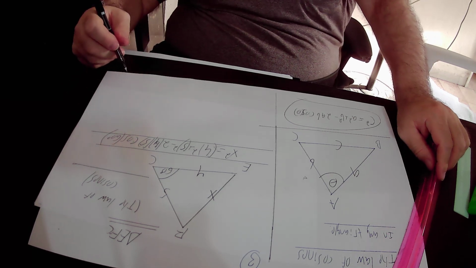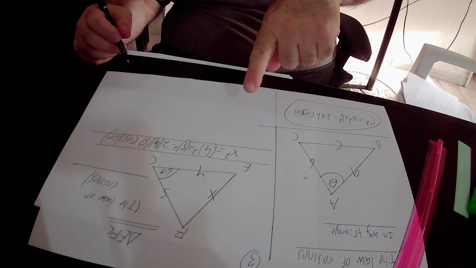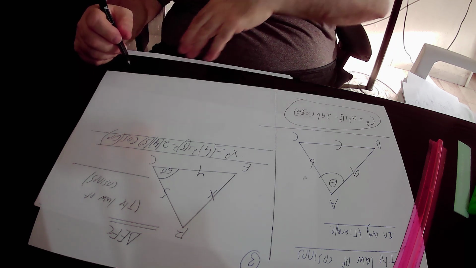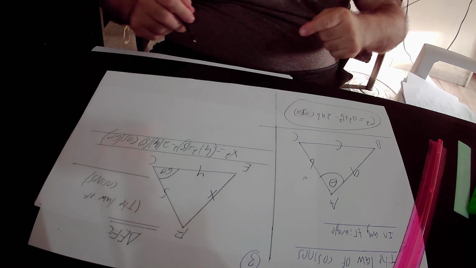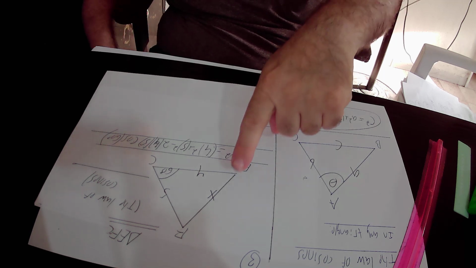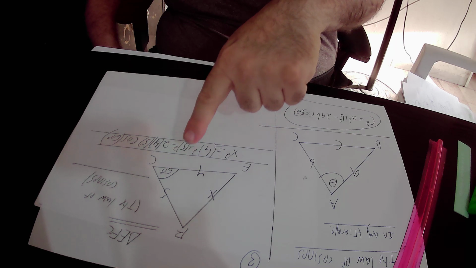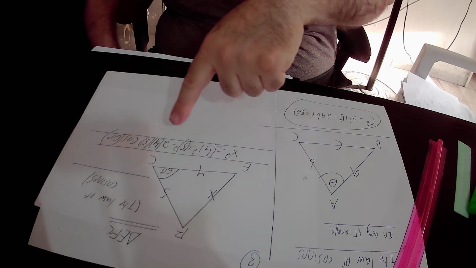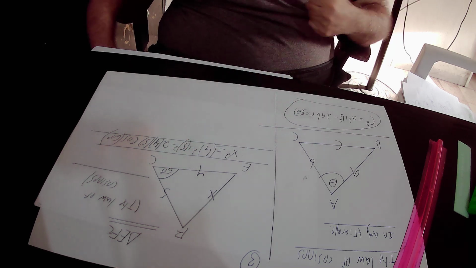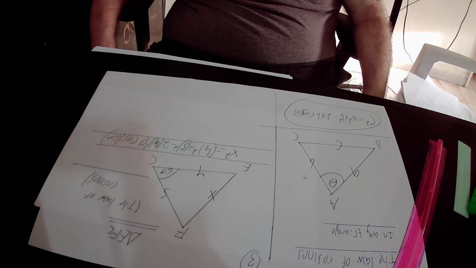So this equation is the implementation of the law of cosines in triangle EFC. I repeat again, in triangle EFC, x squared equals 4 squared plus 5 squared minus 2 times 4 times 5 times cosine 60 degrees according to the law of cosines.